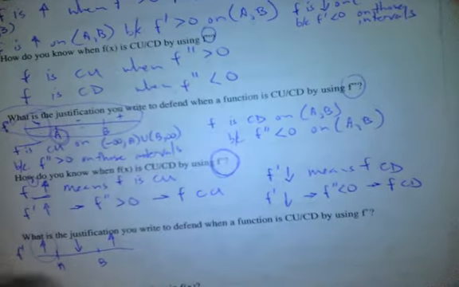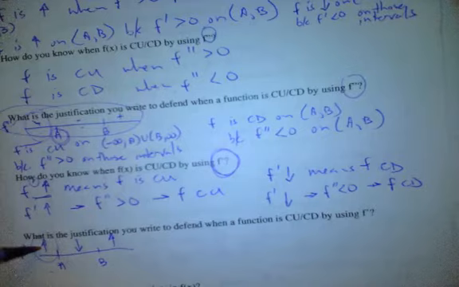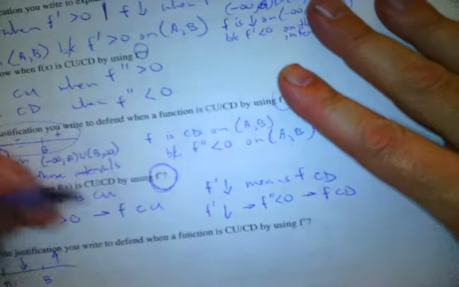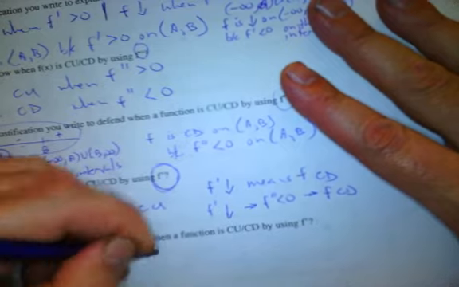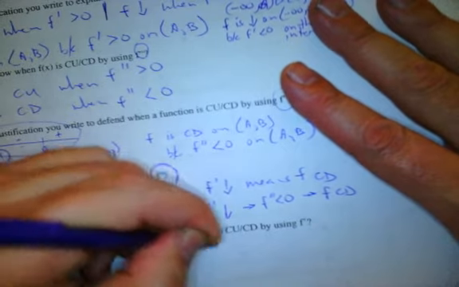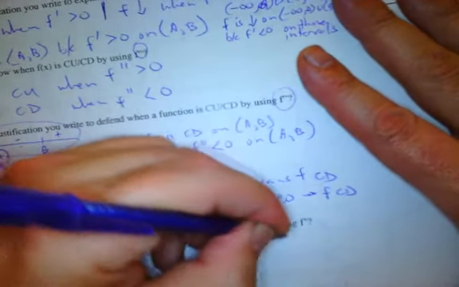So if we know that there's this inflection point at x equals a, because f double prime goes from positive to negative, we could now say there's an inflection point at x equals a because f prime goes from increasing to decreasing.